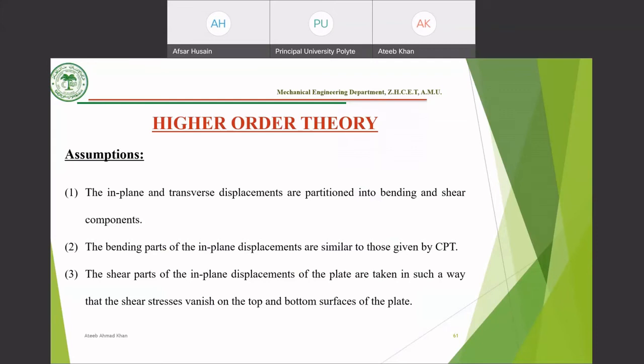But if we move further from third order theory to fifth order, seventh order or nth order theory, what will happen? The computational effort will increase to a large extent, and the improvement in the result is not that significant. It is a marginal improvement. So that's why we don't use any theory greater than third order theory.